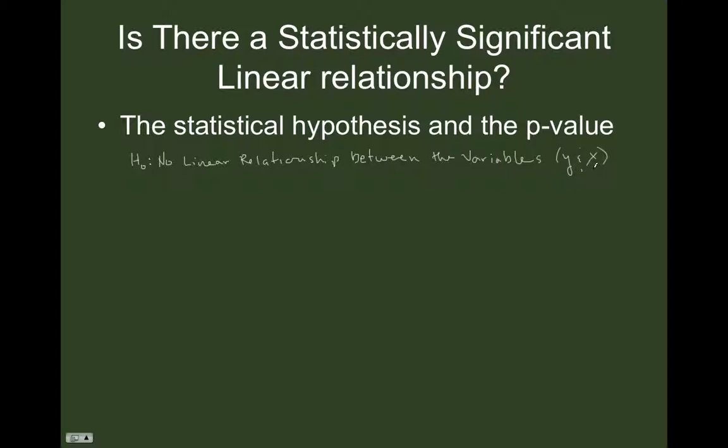Y and x are the conventional letters we use, where y is the dependent and x is the independent, but we certainly don't have to use those particular letters. So the alternate, or the theory here, is going to be that there is a linear relationship between the variables.